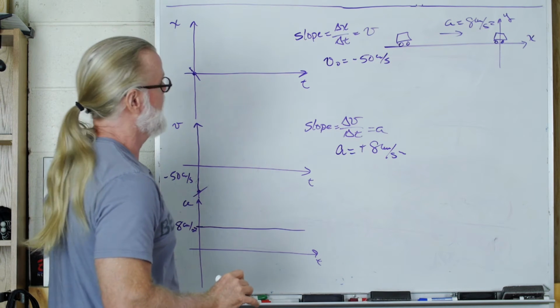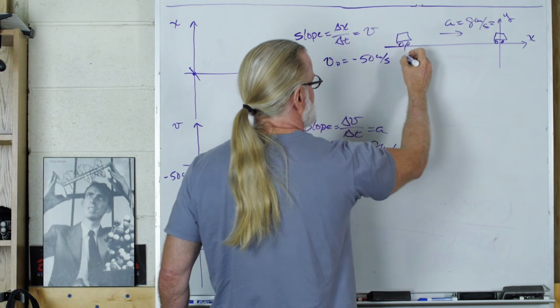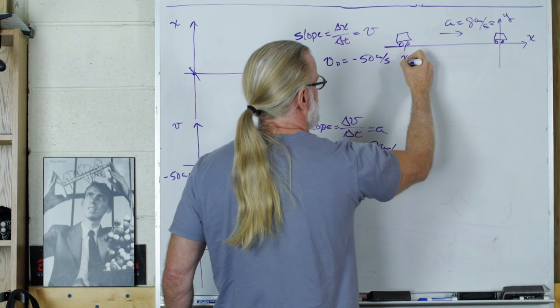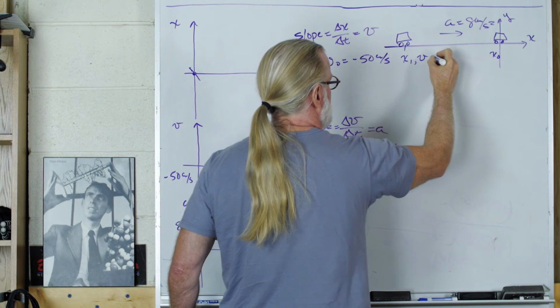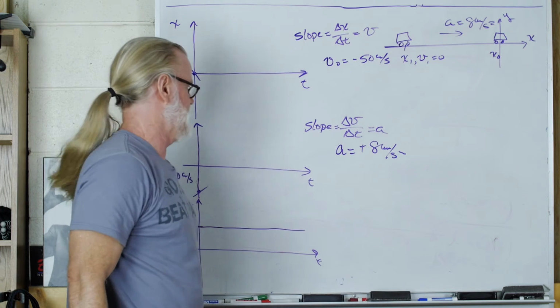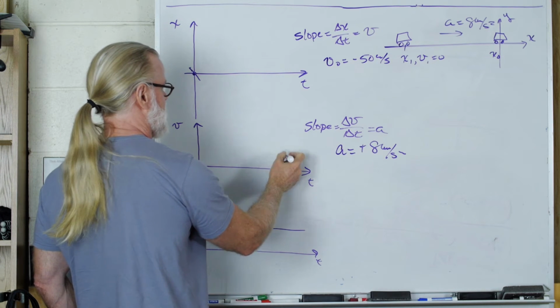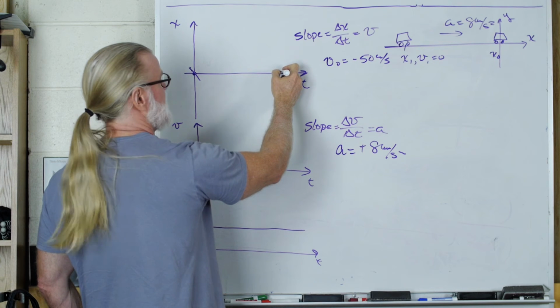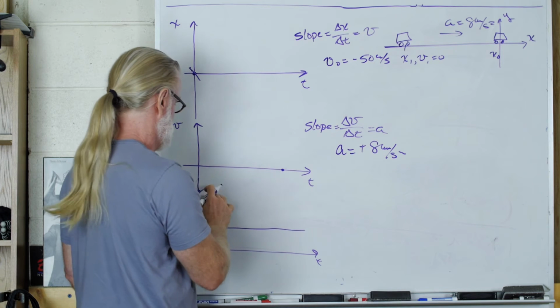Does this thing ever, well, what's its velocity at the end? I will call this x1. This was x0. v1 equals 0 when it gets to the end. So our velocity at the end is 0. This will be the end. Well, anyways, let's put it here for now.